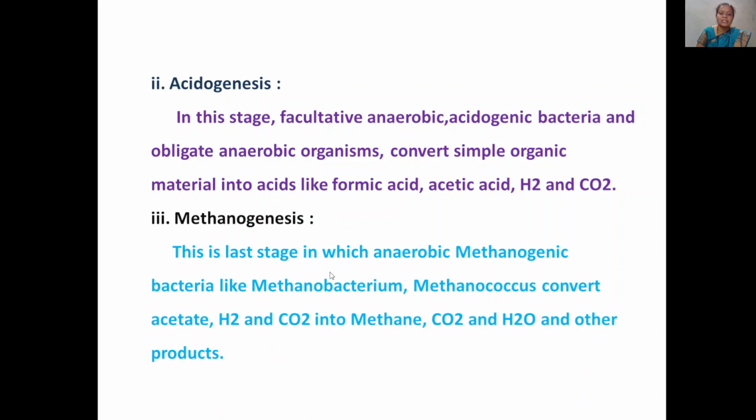This is the last stage, in which anaerobic methanogenic bacteria like Methanobacterium, Methanococcus convert acetate, H2 and CO2, that is hydrogen and carbon dioxide, into methane, carbon dioxide and H2O and other products. Go to next slide.